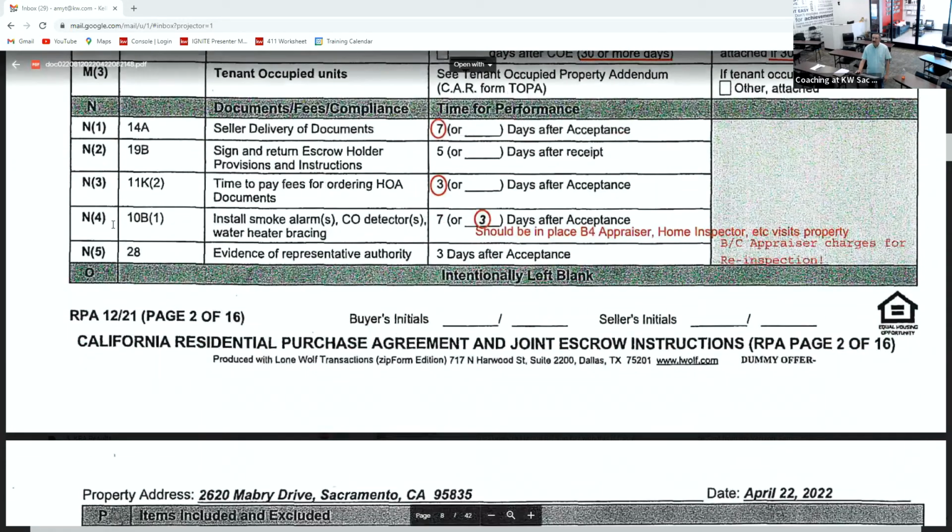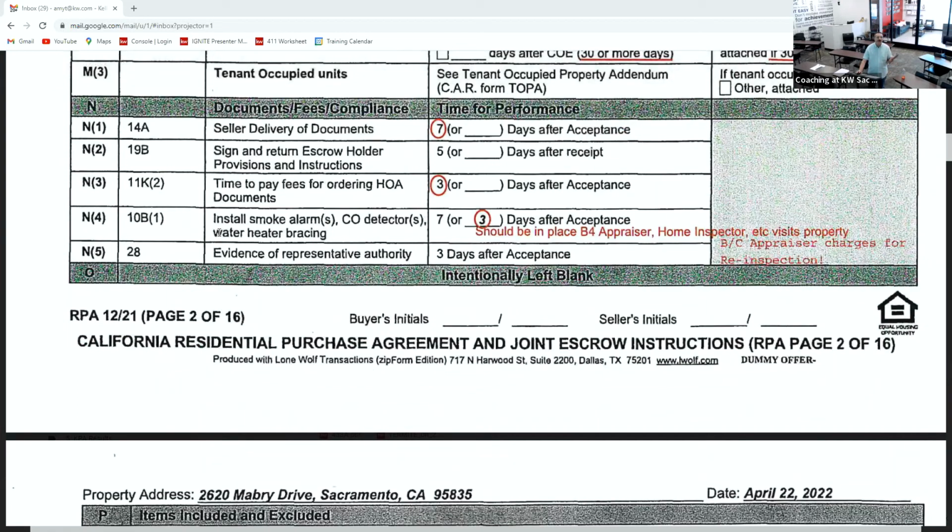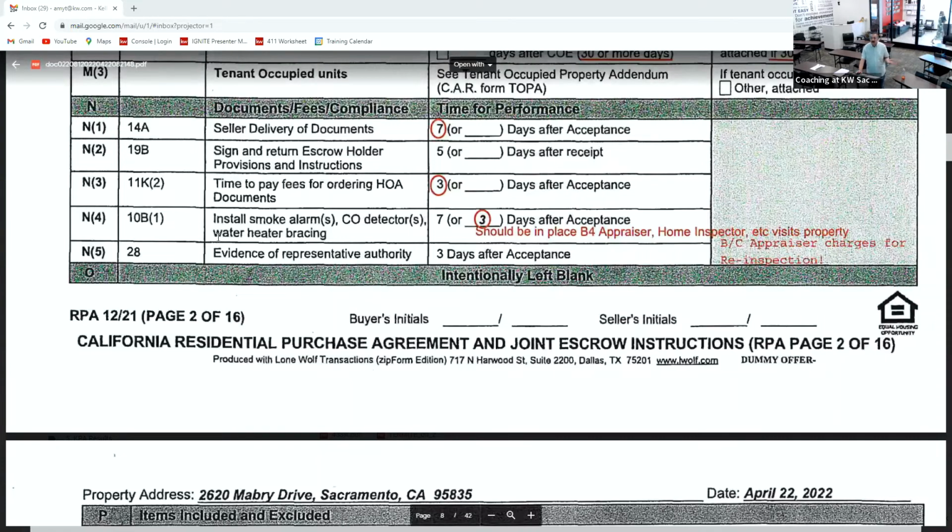This here, you want this done: install smoke detectors. Talk to the listing agent and make sure the seller double checks on this: installed smoke detectors, CO detectors, and a braced water heater.